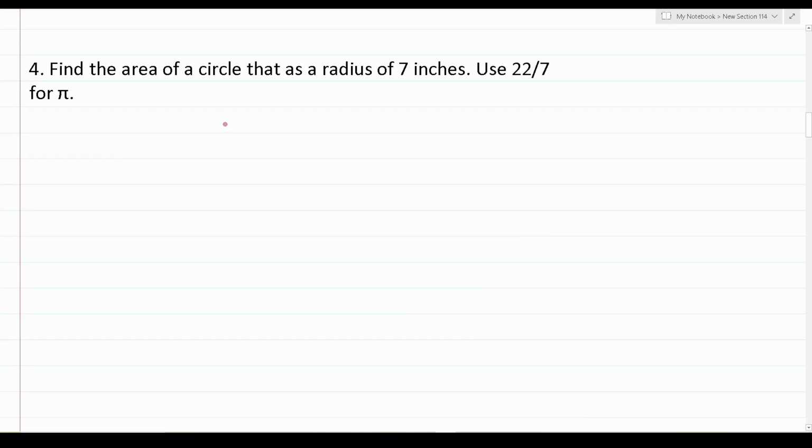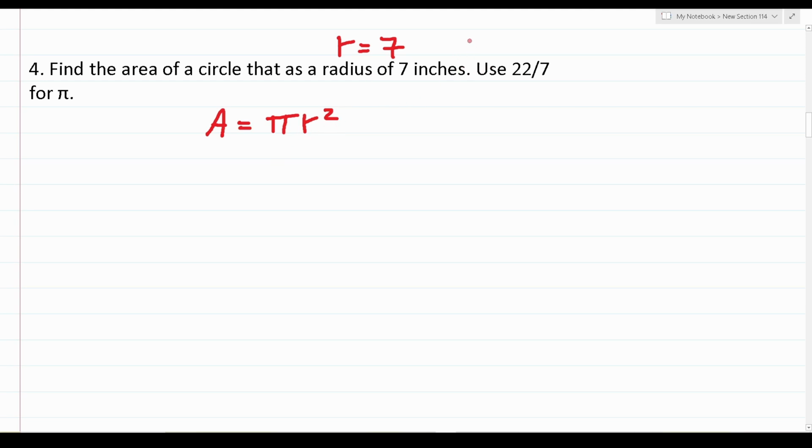All right, so number 4 says find the area of a circle that has a radius of 7 inches. Use 22 over 7 for pi. We should know that we're going to be using this formula, area equals pi r squared. Thankfully, we know what the radius of our circle is. It's 7, so we'll go ahead and plug that in accordingly.